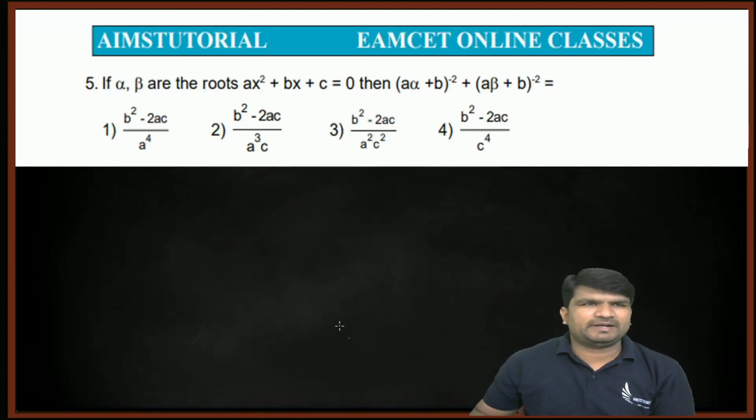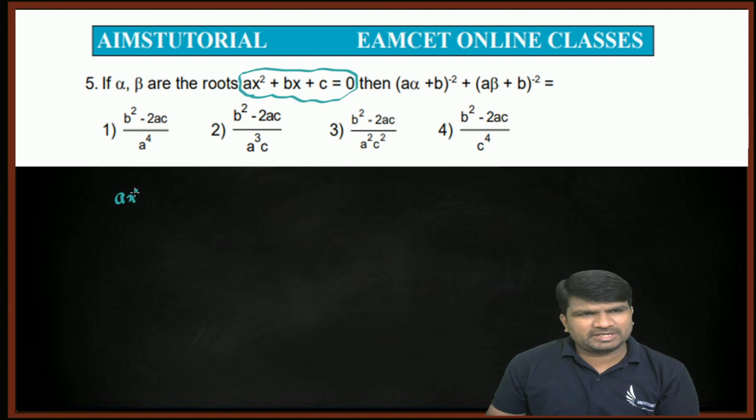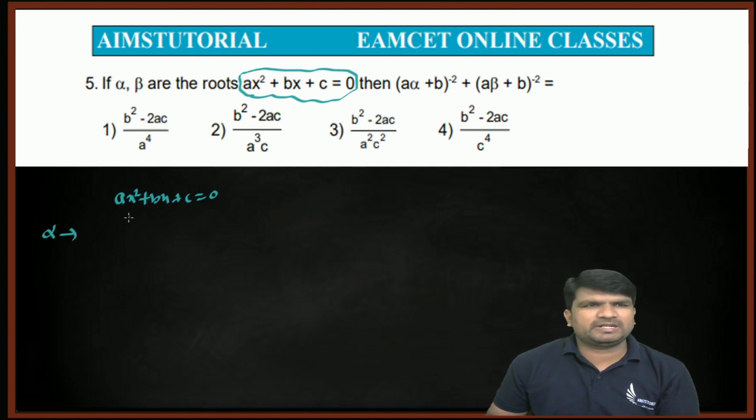Now question number 5. If alpha and beta are the roots of ax square plus bx plus c equals 0, then find the value of (a alpha plus b) whole power minus 2 plus (a beta plus b) whole power minus 2. So what is the given quadratic equation? That is ax square plus bx plus c equals 0. If alpha is a root of the quadratic equation, it means alpha satisfies the equation.